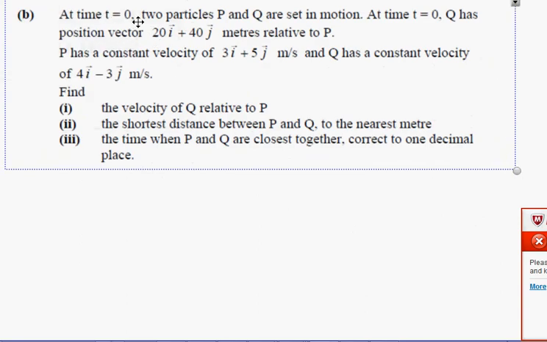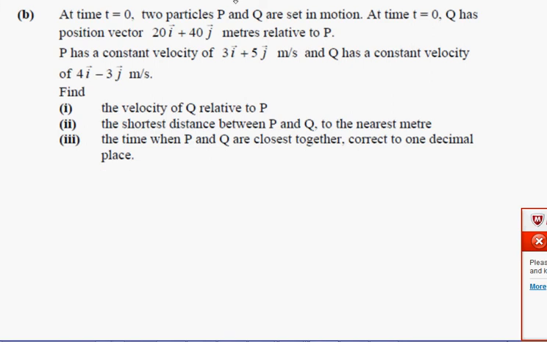At time 0, 2 particles P and Q are set in motion. At time equals 0, Q has a position vector of 20i plus 40j relative to P. So what we can do is P can go here, and then Q can go up here. Now actually I'm not doing the diagram justice at the moment.